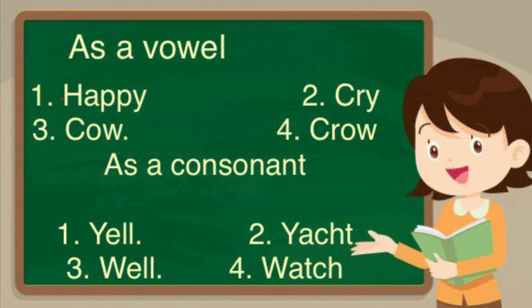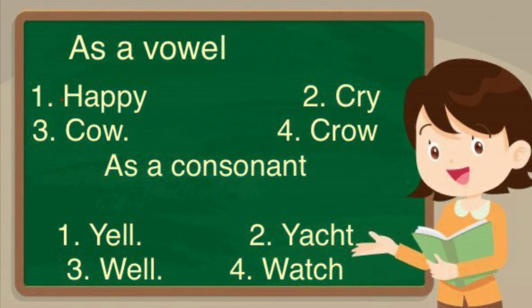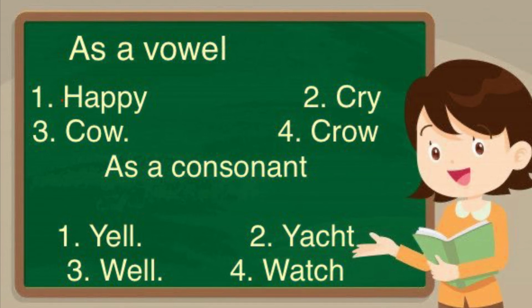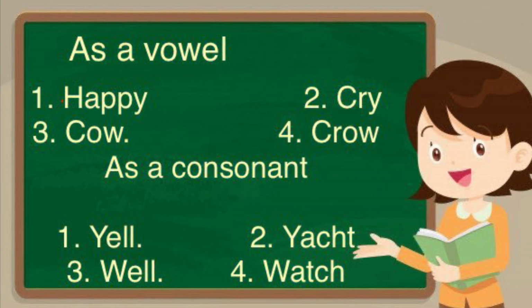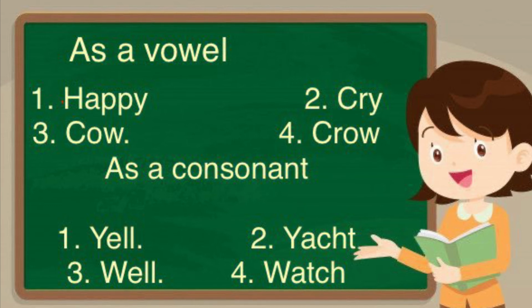First is happy, E, happy. Cry, I. Cow, O. Crow. So in these examples, they are expressing the sound of a vowel. But if we talk about consonant: yell, yacht, well, watch.